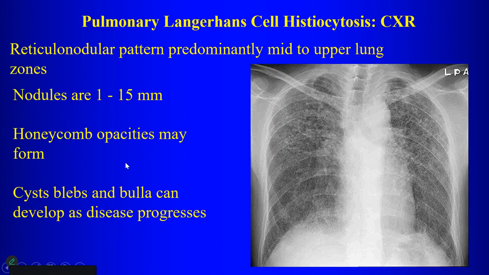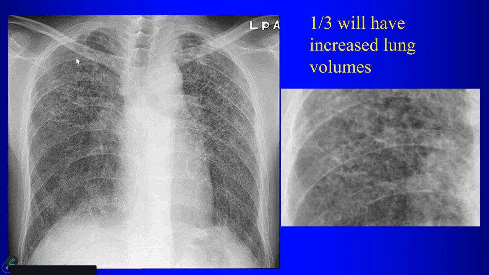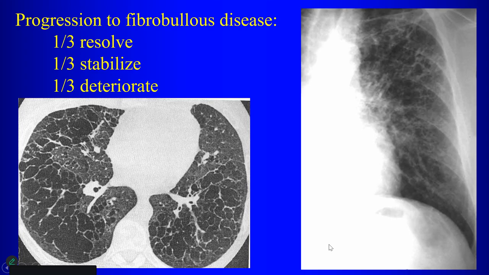So smoking is what these patients do. And it can give you interstitial disease, predominantly in an upper lung distribution. As it progresses, they can develop bullous change and cysts. You can really see these small cysts here within the lungs, if we look really closely.